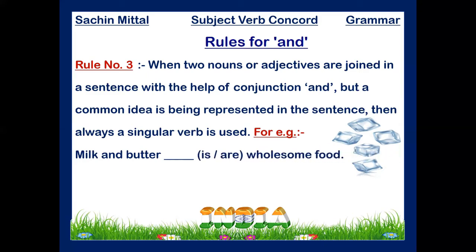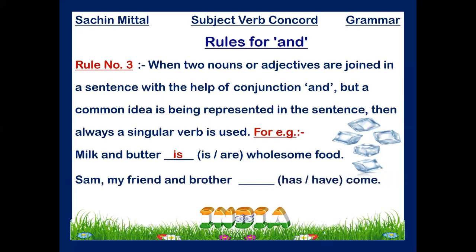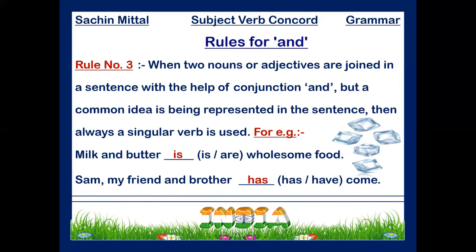Okay? For example, milk and butter dash wholesome food. Now what we have to find out is whether the blank will carry is or are. Because milk and butter are two things, but when they have joined, they signify wholesome food, which in itself is a singular thing. So we have used is. Okay.